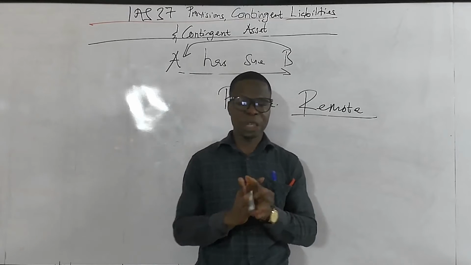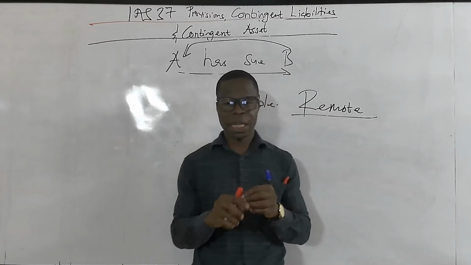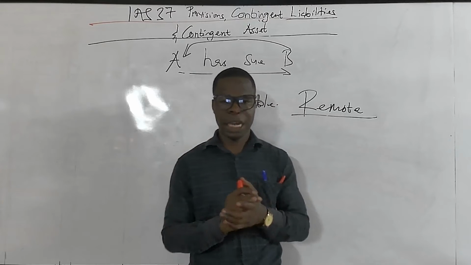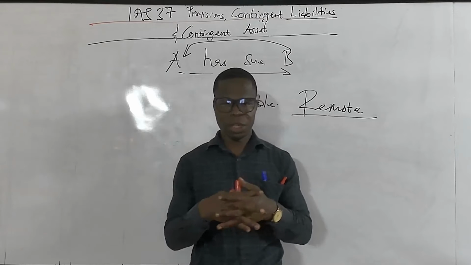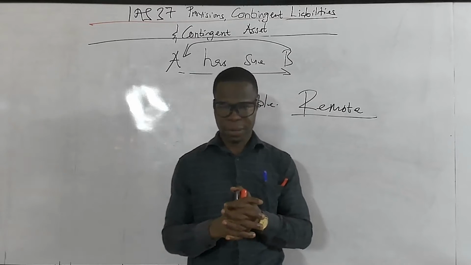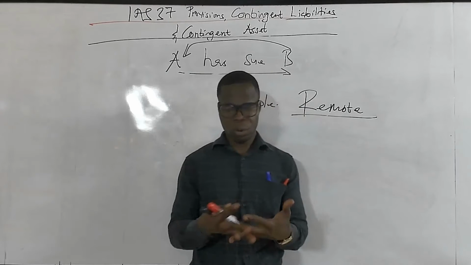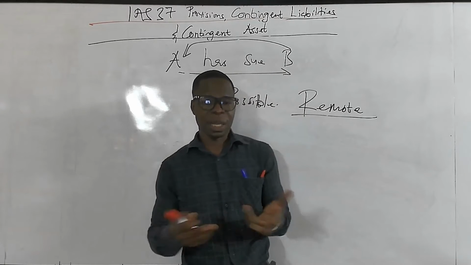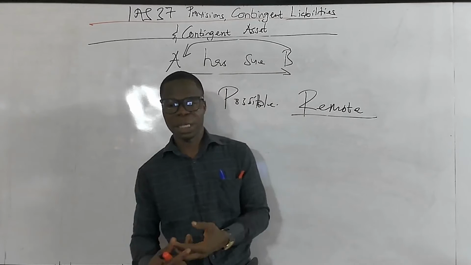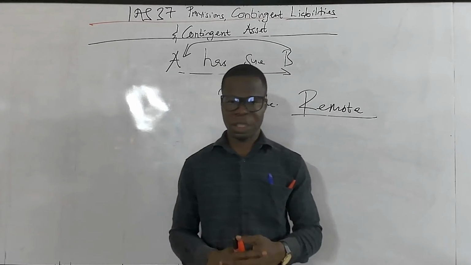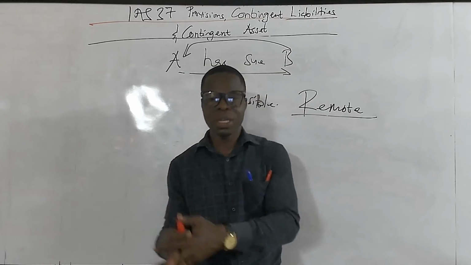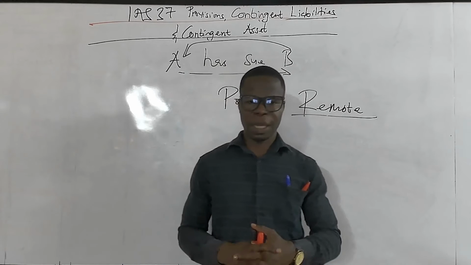Remember that a provision can only be recognized when it has met the 3 recognition criteria established by the standard. And then at the end, you are supposed to disclose the amount of provision the entity has made at the end of the reporting period, and any other relevant information that end users will need in making their decisions.